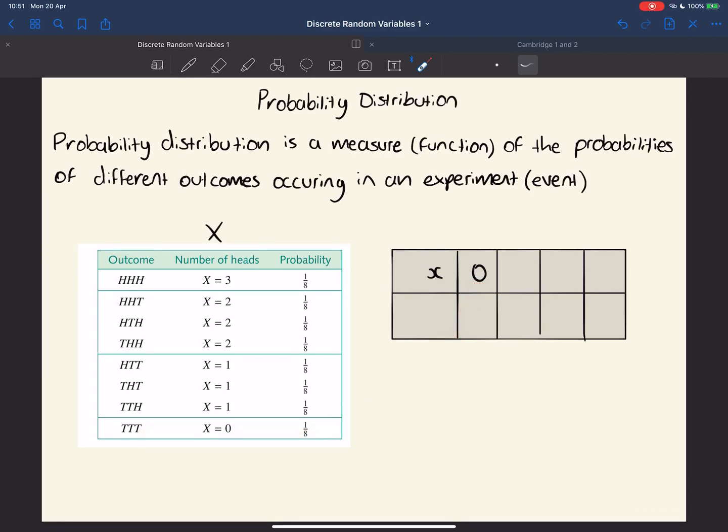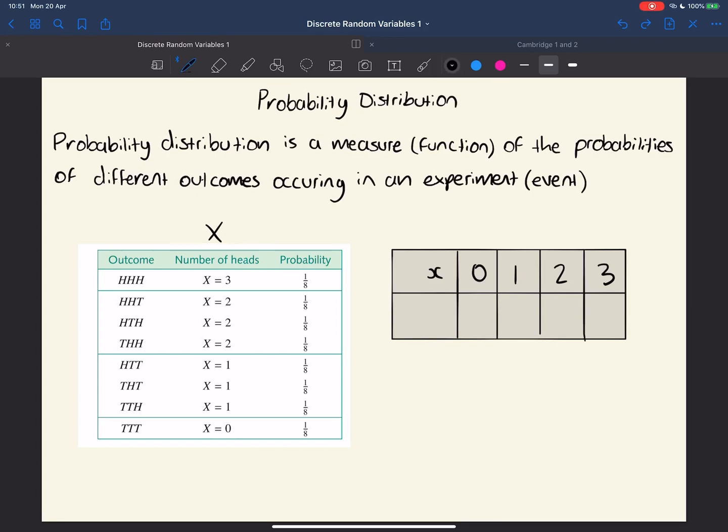It's possible that you could land on 1 head, or 2 heads, or 3 heads. Is it possible to land on 4 heads if you toss a coin 3 times? No. So this is definitely a discrete variable.